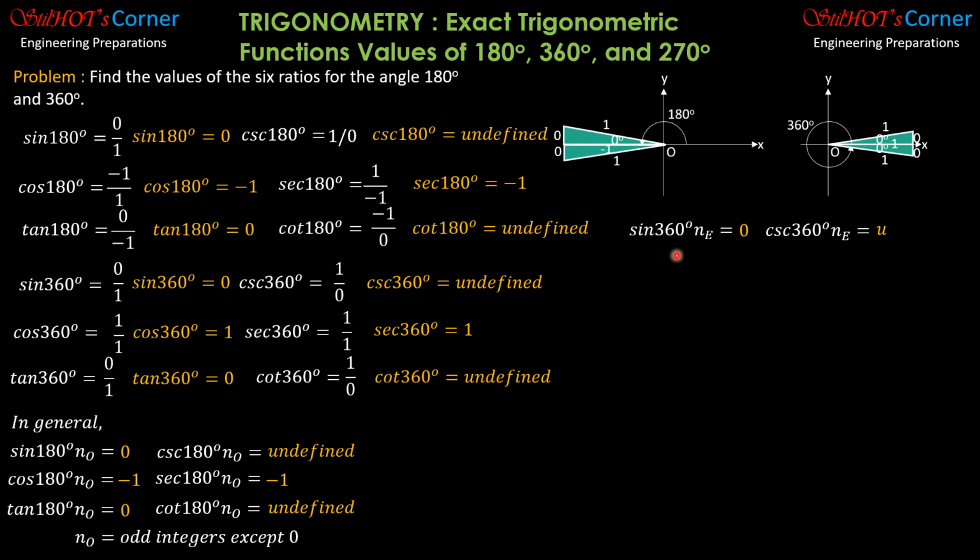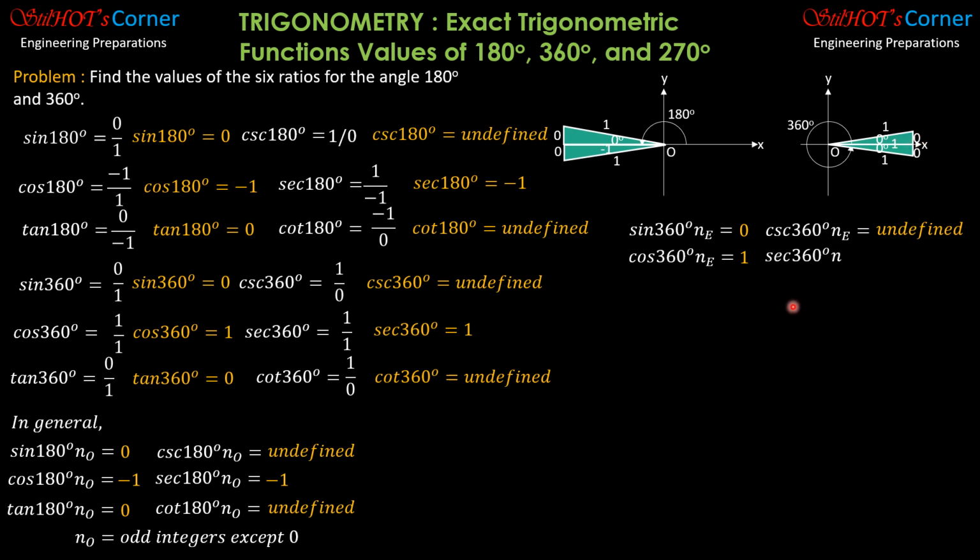Then for the cosine of 360 degrees N sub E, it is adjacent 1 over hypotenuse 1, so it is 1. Its reciprocal is also equal to 1. Then for tangent of 360 degrees, which is y opposite over adjacent 1, 0 over 1 is 0.